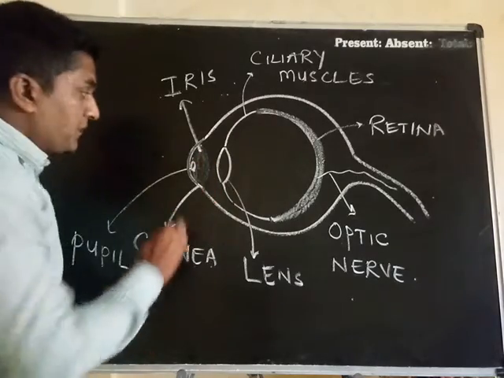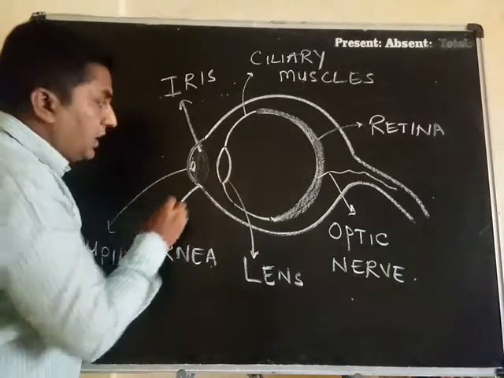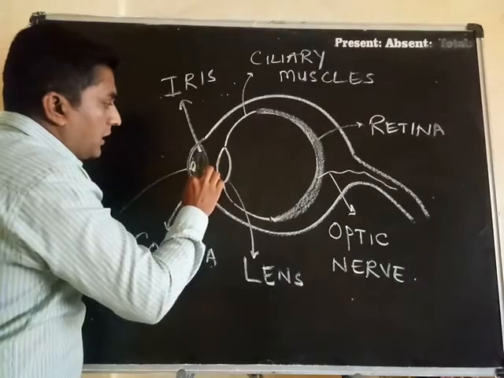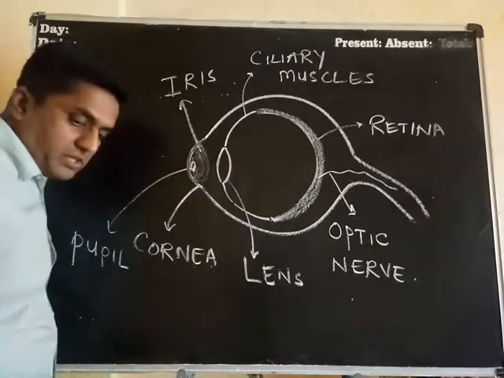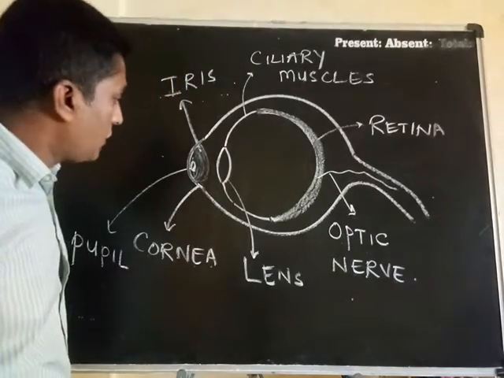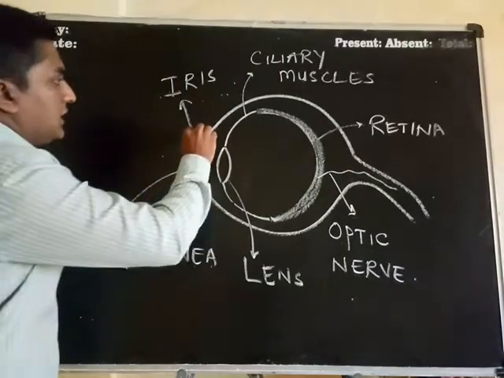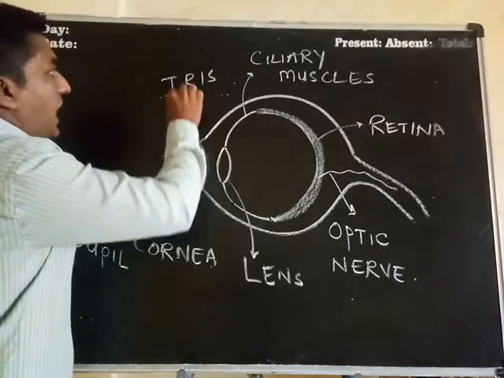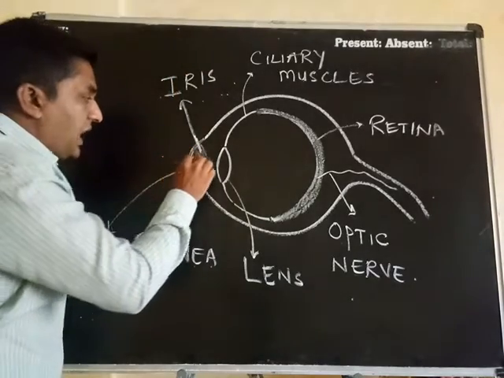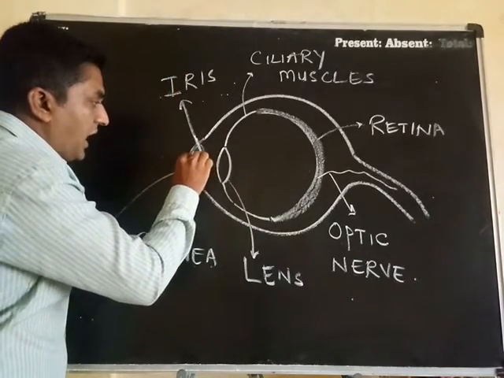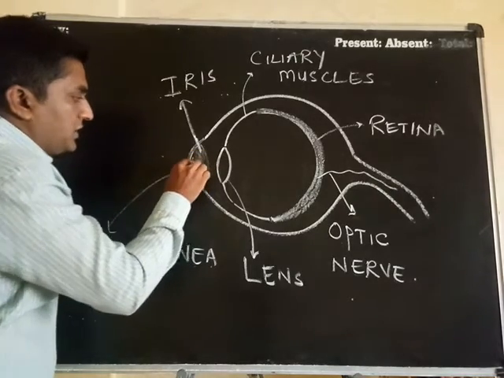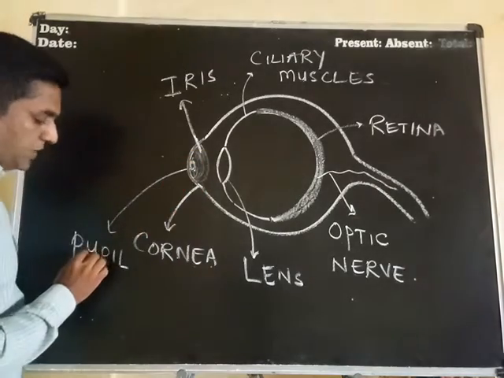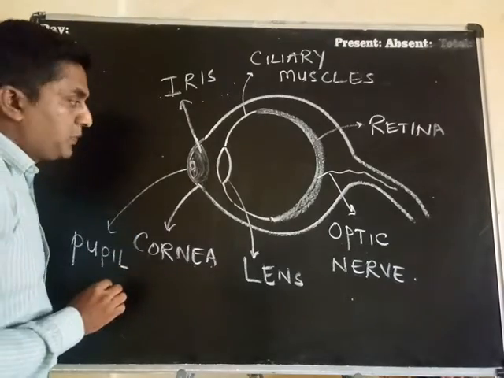Right everybody? Exactly inside the cornea we have a muscular, fleshy part, and this fleshy part is called the iris. Inside the iris, exactly here, we have a small hole and this hole is called the pupil.